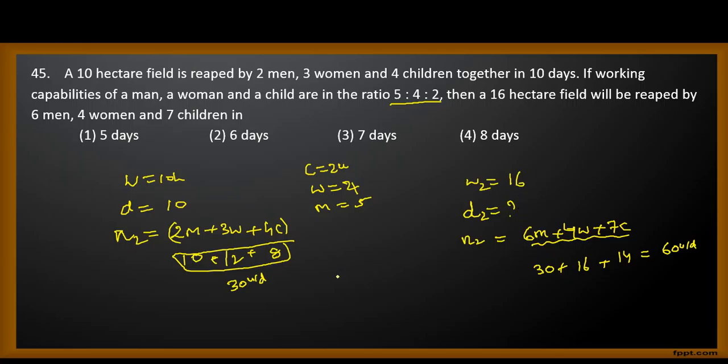Now the efficiency 30 into the days they are taking, 10 days, to do 10 hectares. With efficiency of 60, we have to find the days to do 16 hectares. 3 ones, 3 twos, 10 and 10 will cancel, 2 ones, 2 eights. On simplification, we get D equals 8 days. Answer is option 4.